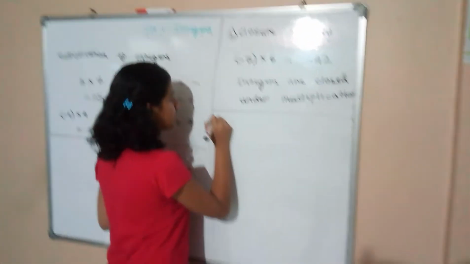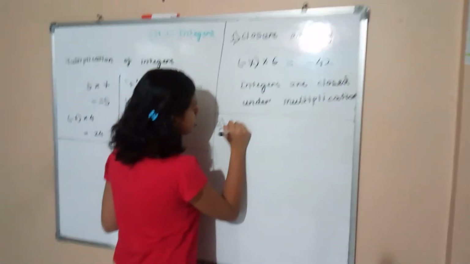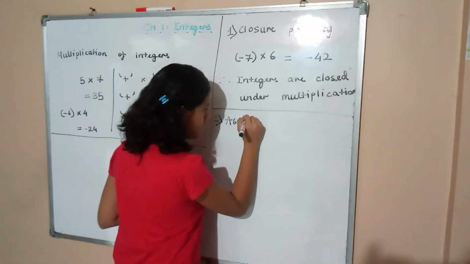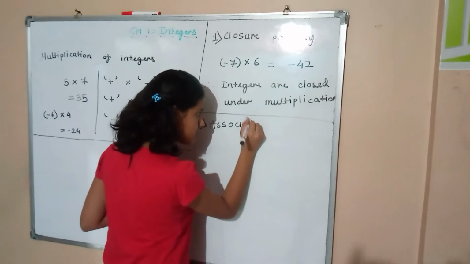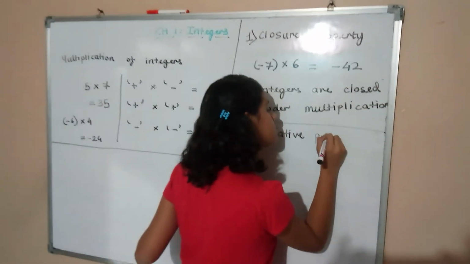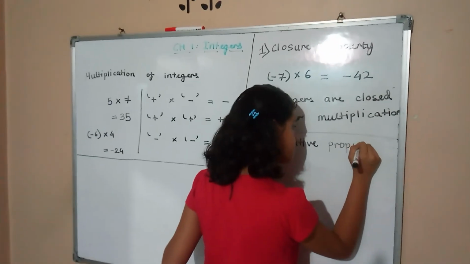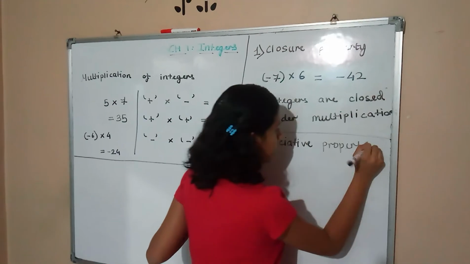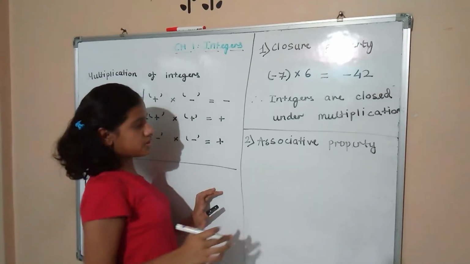Now let us see the second property, which is the associative property. Now, remember what we used to do in associative property?